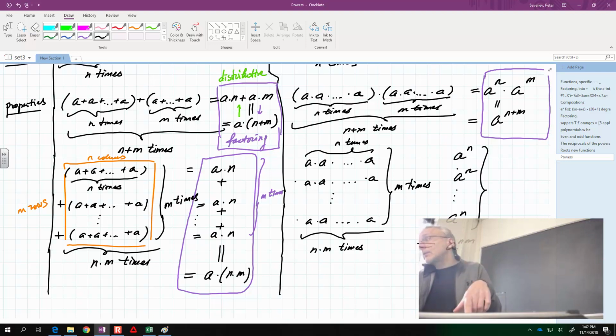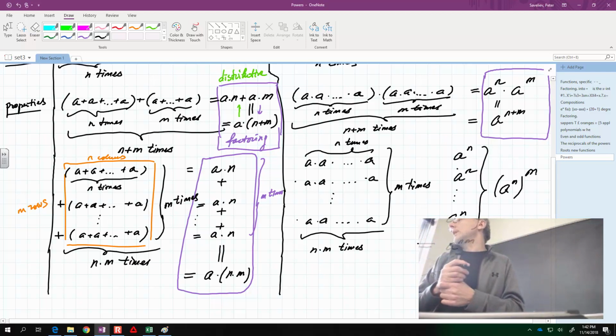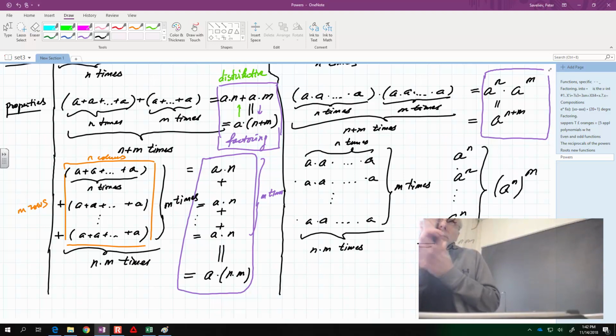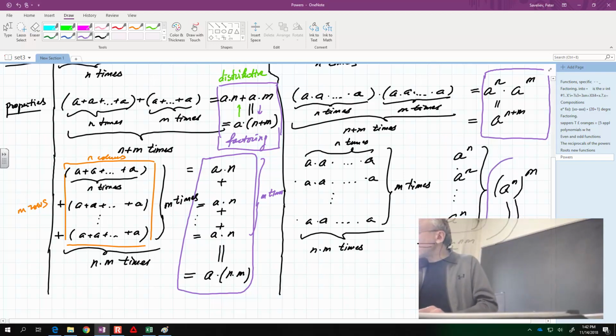The same exact numbers multiplied by itself, which means that it can also be expressed as a power. So it is a to the n, in parentheses, to the m. So the nth power is multiplied by itself m times, which means simply that it is a to the n taken to the mth power. And indeed, we're saying that these two things are equal to each other. Okay? The analogy with the left, so this is what we're saying here.